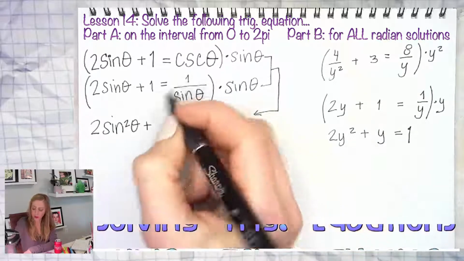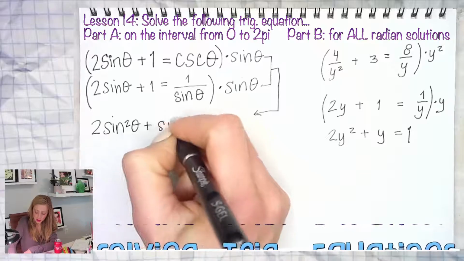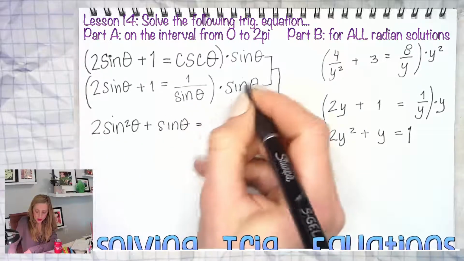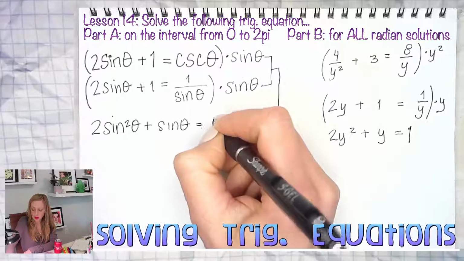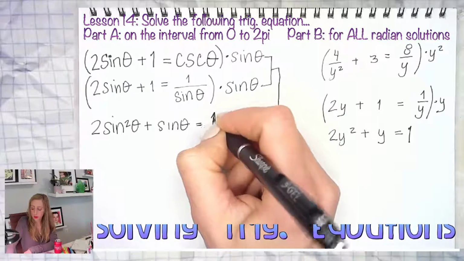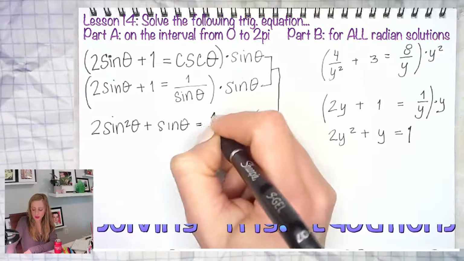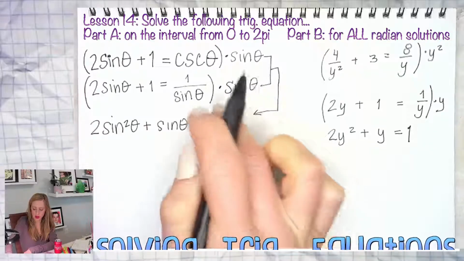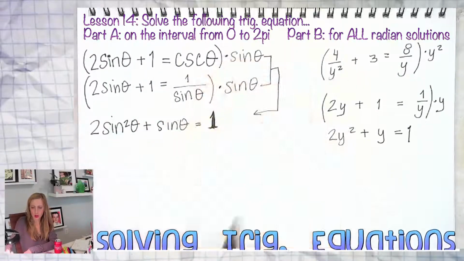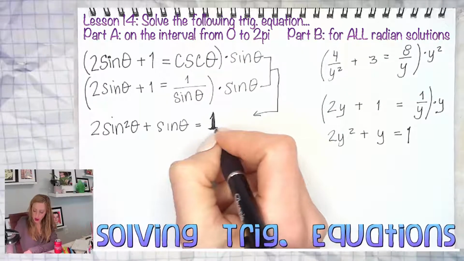So be careful there. Plus sine theta equals 1 over sine times sine is? 1. Yeah, it's just 1, because it's sine over 1 times 1 over sine. Reduce, reduce, everything's gone. So it's just a 1.